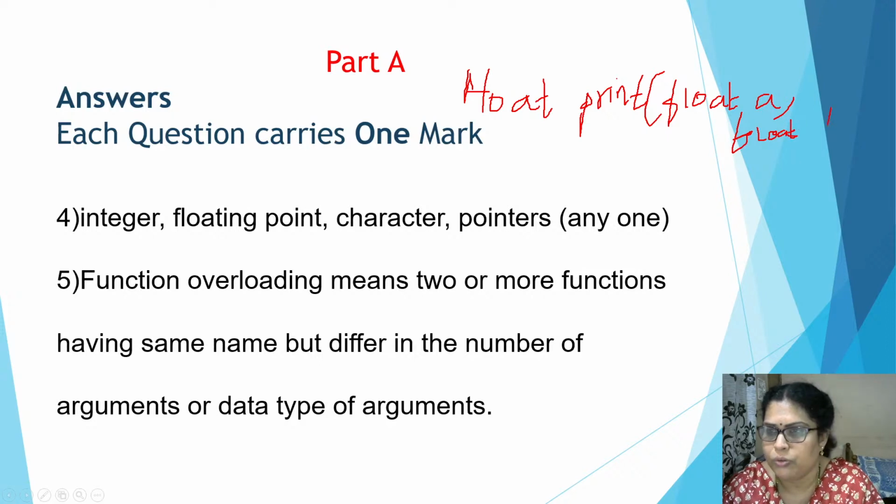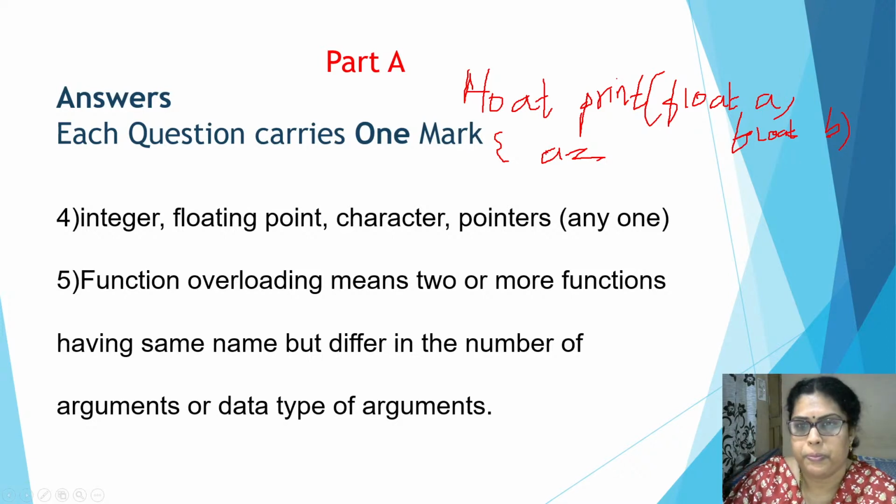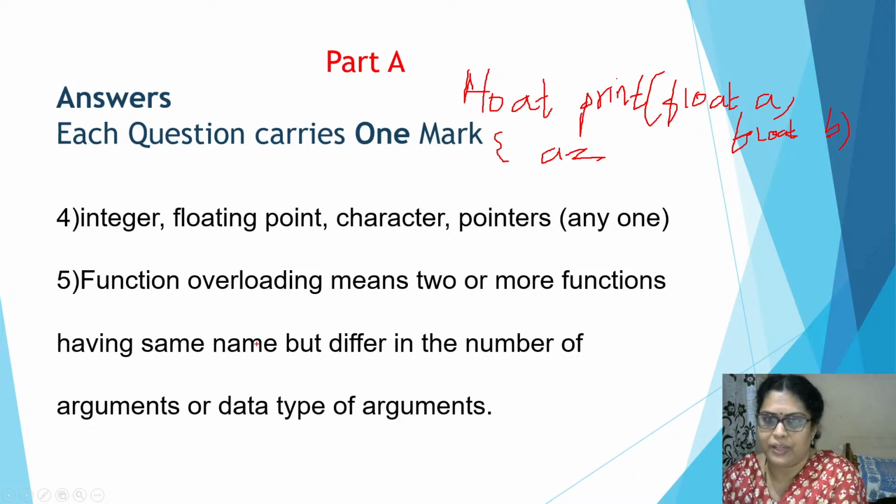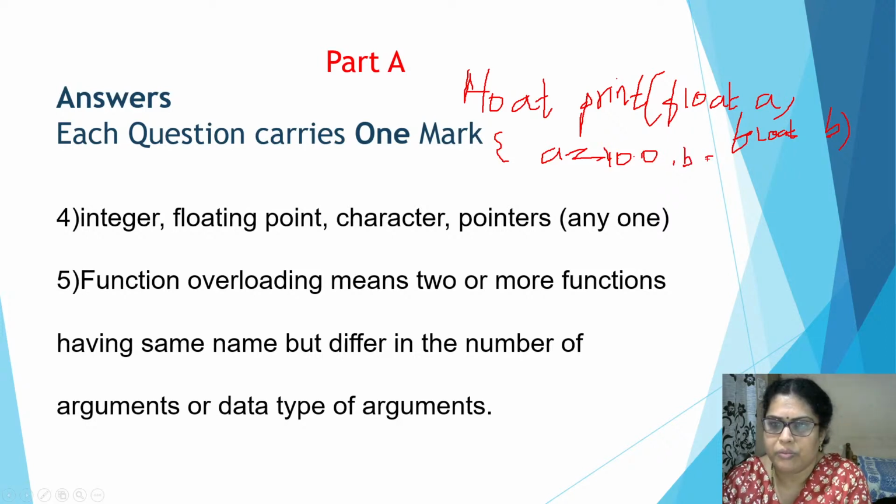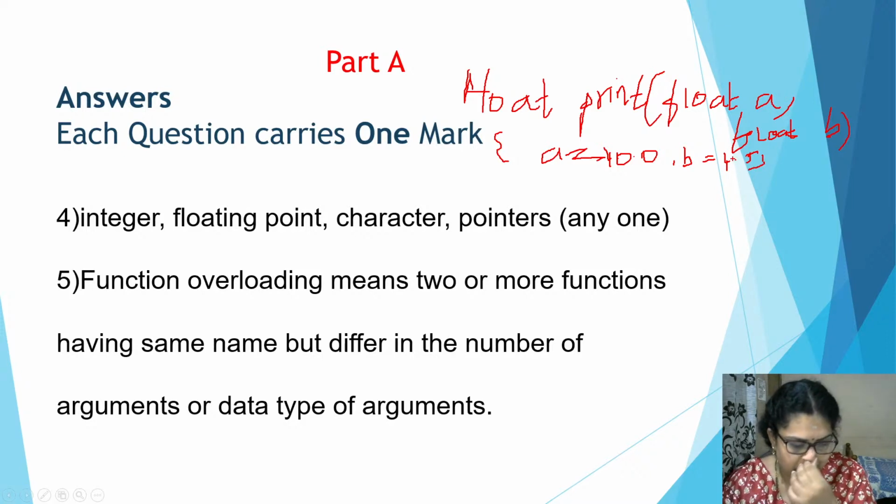You can give values for a and b. I'm having some problem with my mouse here, so I'm not able to type fast, but that's okay. You can say a is equal to 10.0 and b is equal to 4.5, and then you can just cout a and b.